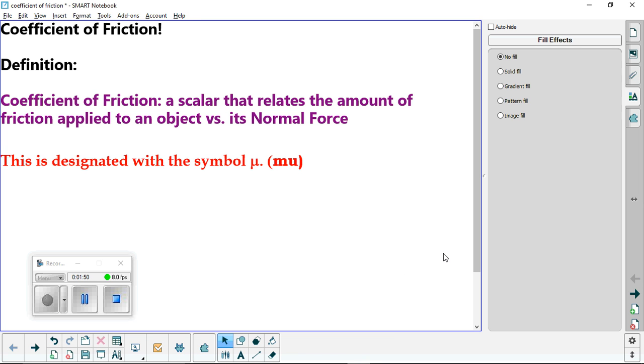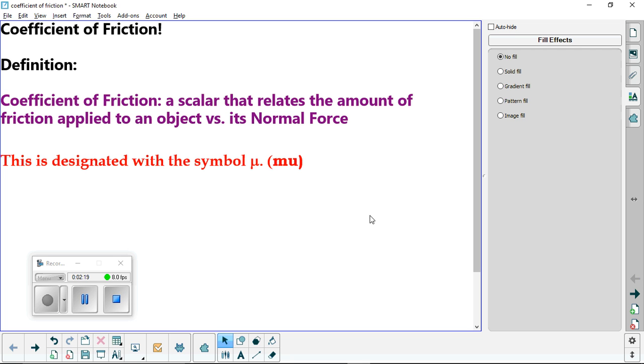So here is the definition of coefficient of friction. Every single surface has a different coefficient of friction because every surface has a different roughness. For instance, asphalt is a lot rougher than waxed floors. So a coefficient of friction is a scalar value that relates the amount of friction applied to an object versus its normal force.